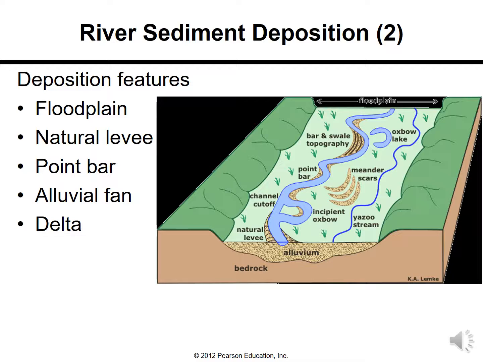The floodplain, natural levees, like natural banks or little dams, and the point bar deposits, like I showed you, these are point bar deposits at these curved or meandered channels. Alluvial fans are the places where you dump the sediments from upland to lowland. And the delta is where you are dumping the sediments from the river to the ocean basin.